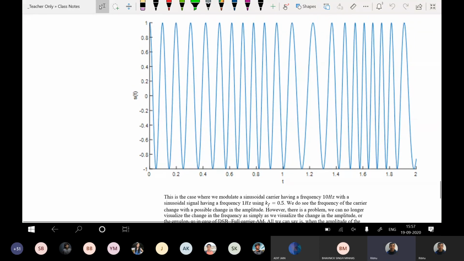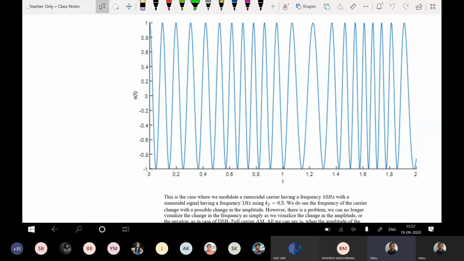We do see that the frequency of the carrier changes with a change in the amplitude of the signal, but we cannot intuitively draw this picture as easily as we could have drawn an AM signal generated using the same process.